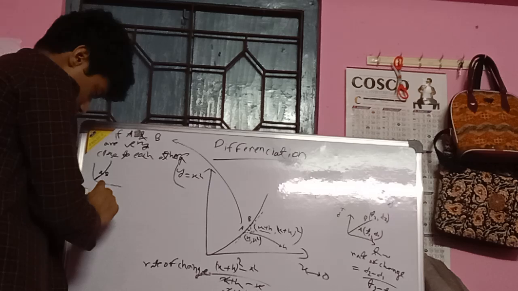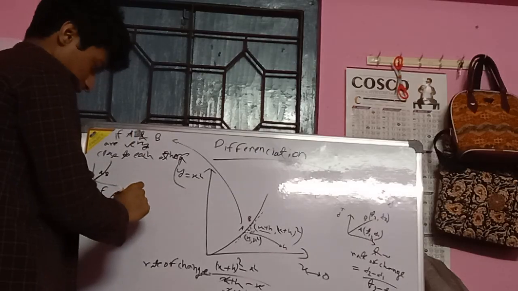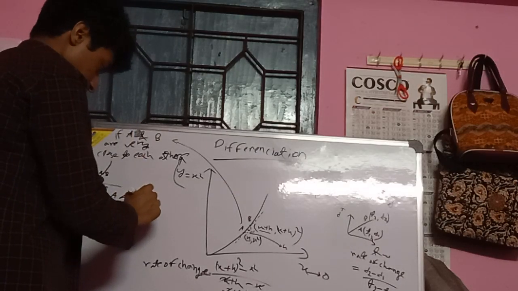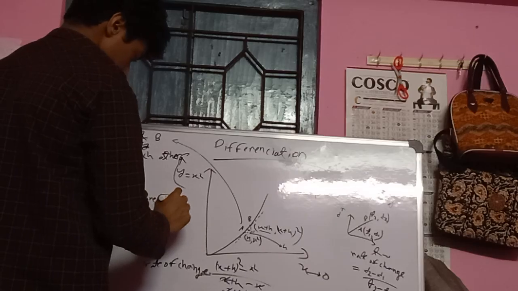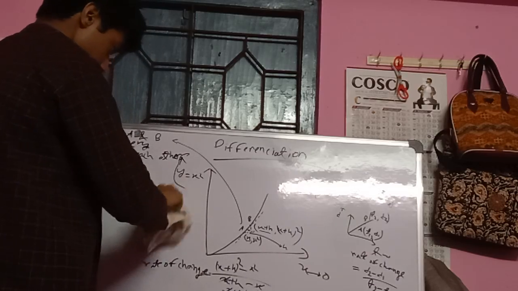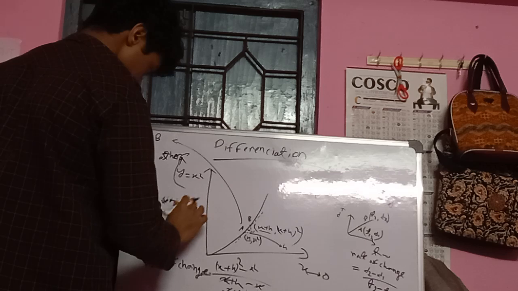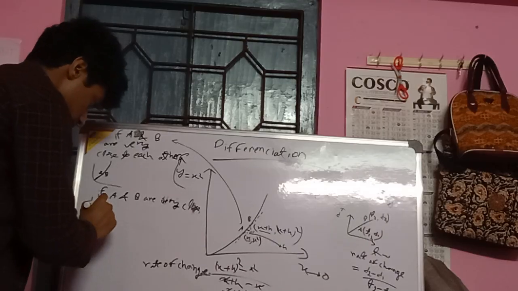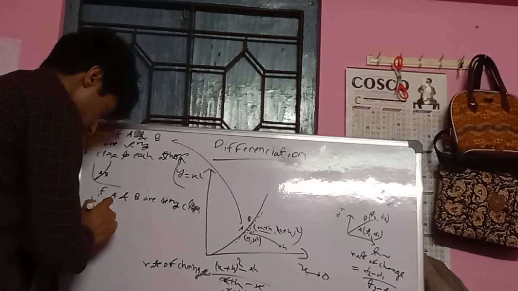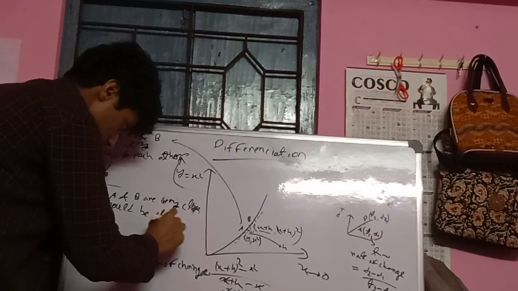Let me write it down here. If A and B are very close, h would be close to zero.